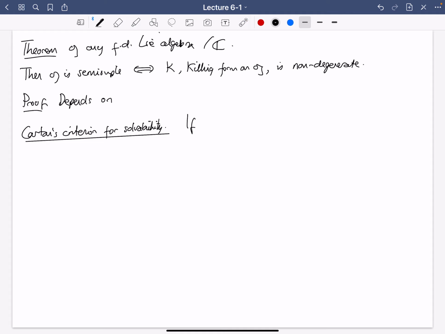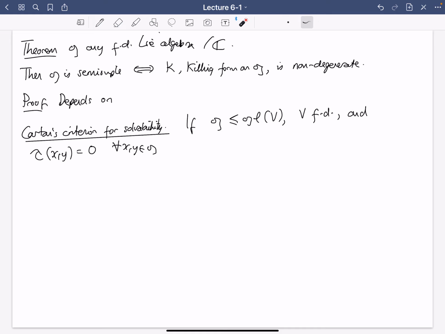It says that if you have some linear Lie algebra, so a subalgebra of GL(V) for V finite dimensional, and if the trace form is 0 for all x and y in G, right? So we're dealing with a linear Lie algebra.